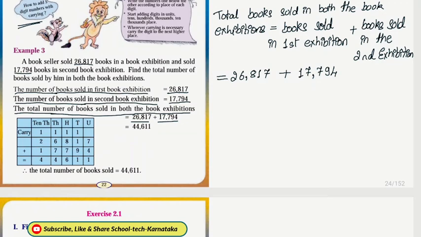place of each digit. So units, tens, hundreds, thousands and 10,000s.